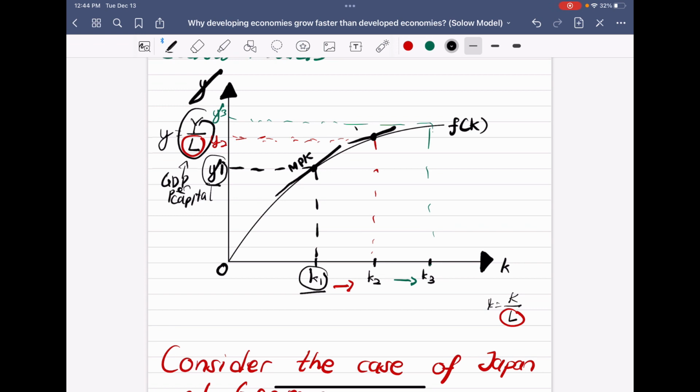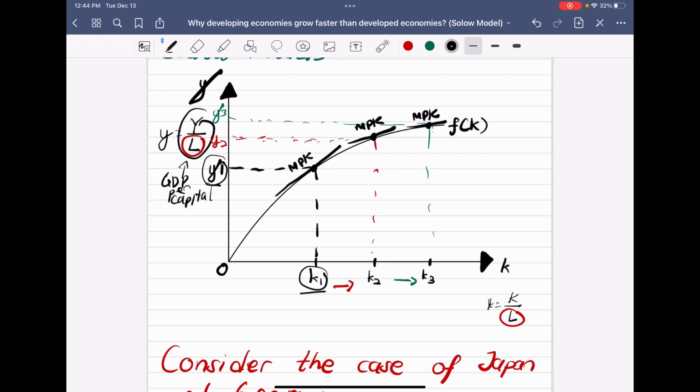I'm going to draw something here, a tangent line, which denotes the MPK, which is the marginal product of capital. The principle in economics is that if we keep labor constant and we keep adding capital to that constant amount of labor, the capital will be less and less and less productive.